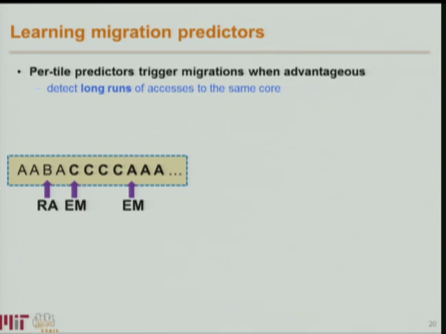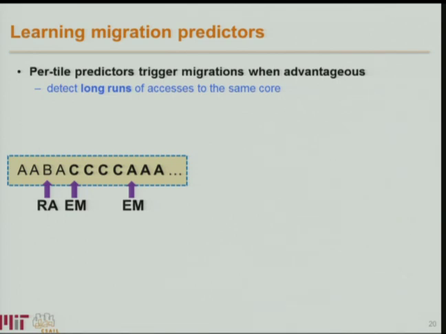So how does this migration predictor work? Well, it works a little bit like a branch predictor. It detects long runs of accesses that access data in the same core. So for example, for the sake of argument, say you are running on core A, and you have one access to core B. Well, then it's not really worth it to migrate the thread and resume execution.